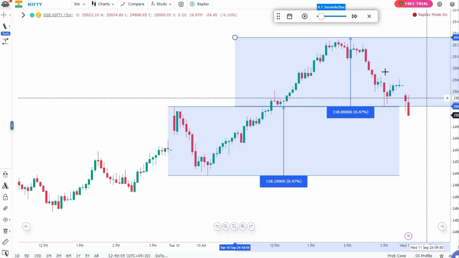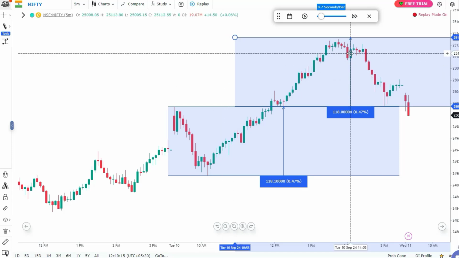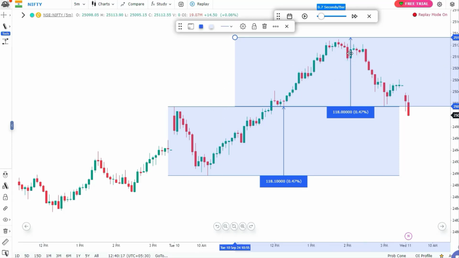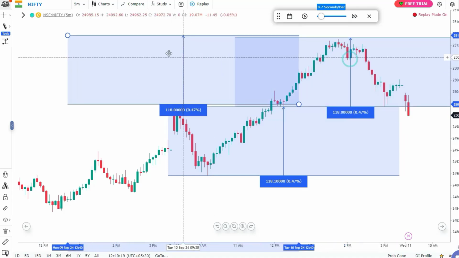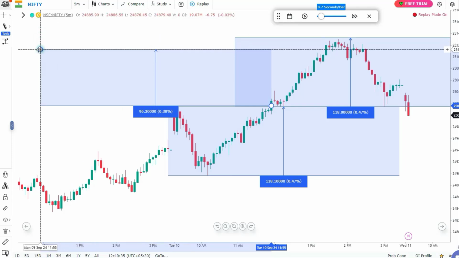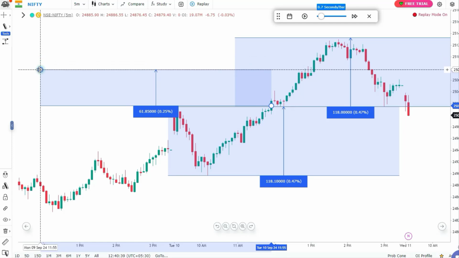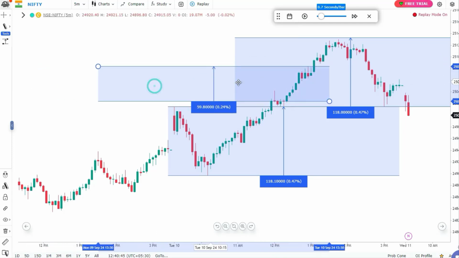Okay, so if I have to go deeper in this case, what I can do is copy this one. I know this is 118, so I will make the height half of that, approximately 59, and put it over here.